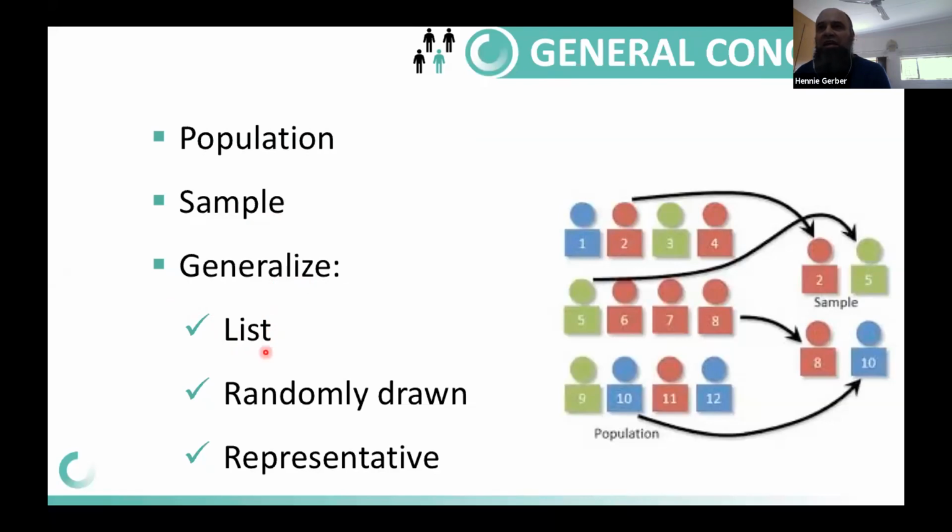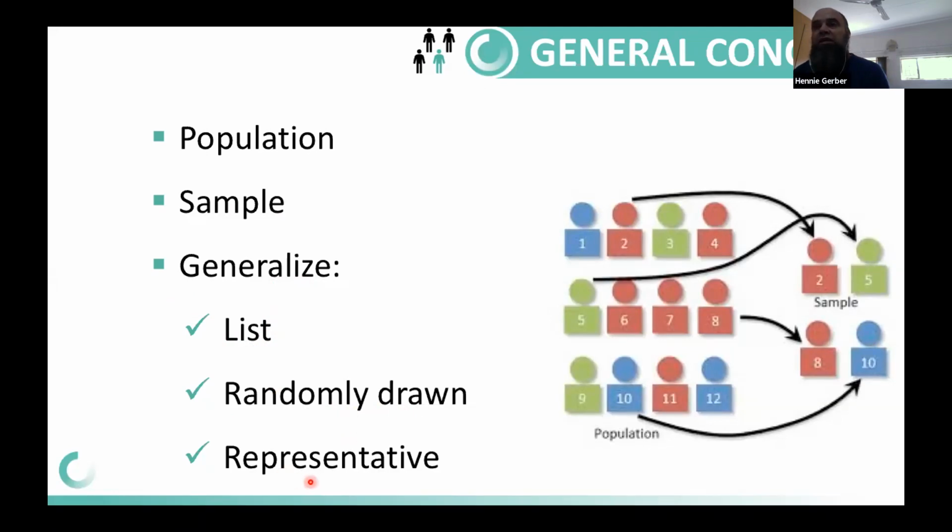First, you must have a list of the population, a list of everybody in the population. Then you must be able to randomly draw people from this list. This will then allow everybody to have a chance to participate in this research. And also it will take out bias.